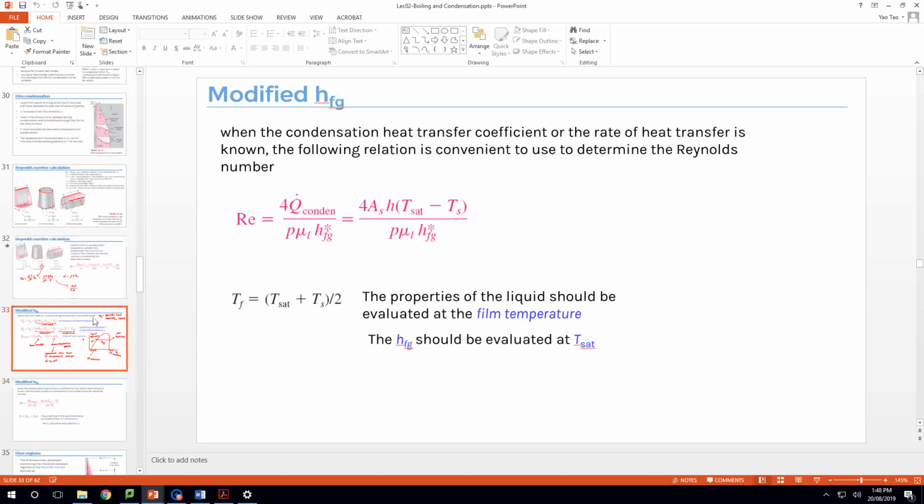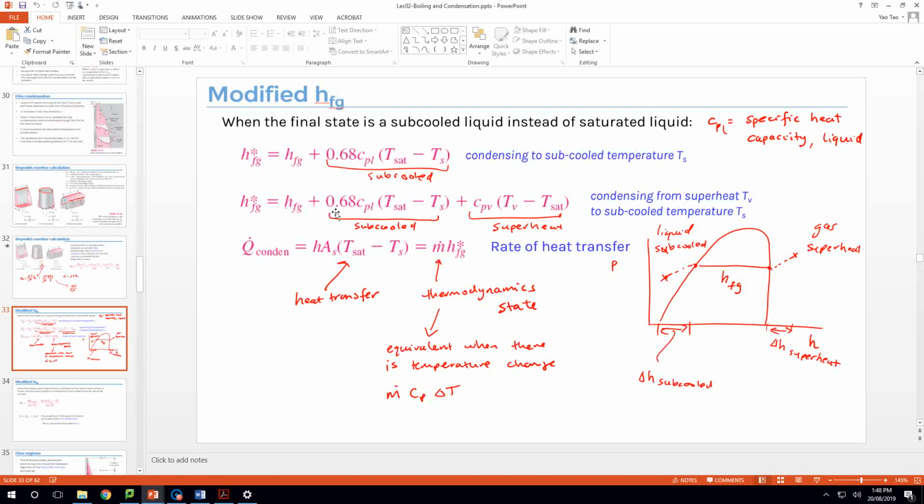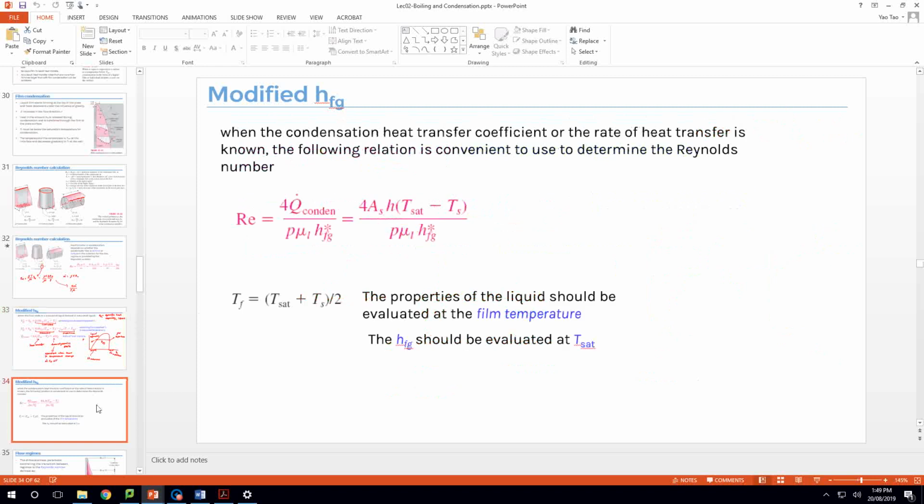is if you want to calculate this HFG using HFG star using the fluid properties, then there would be two types of fluid properties. One is you use the film temperature to calculate all the liquid related fluid properties.